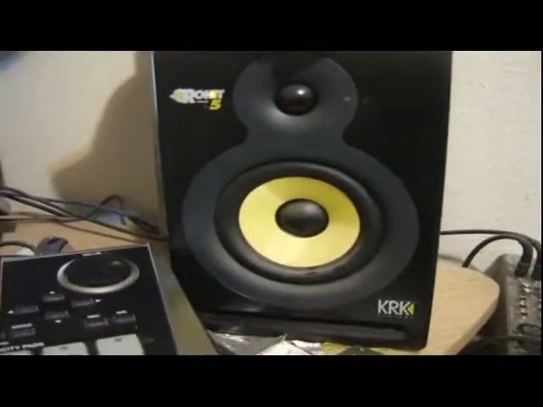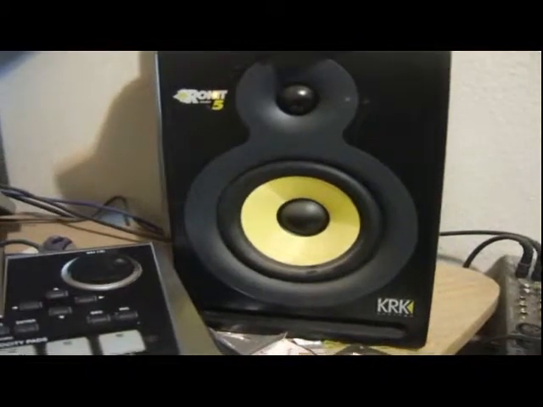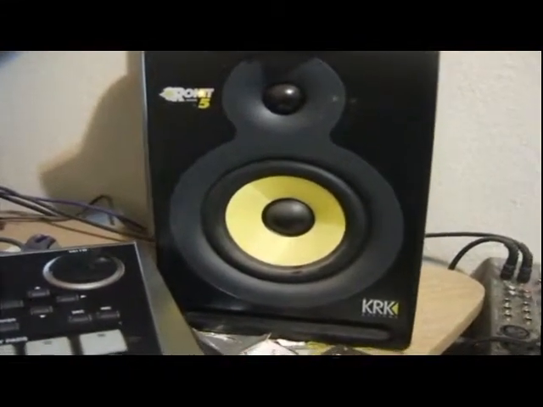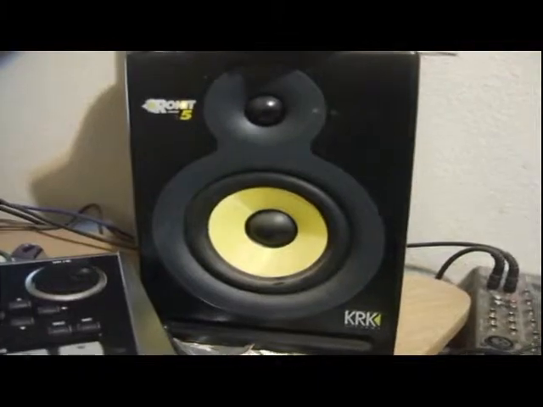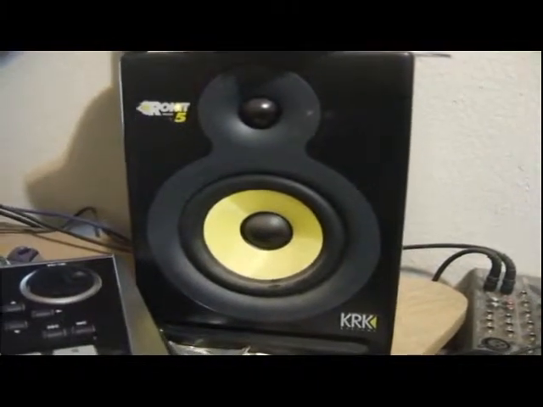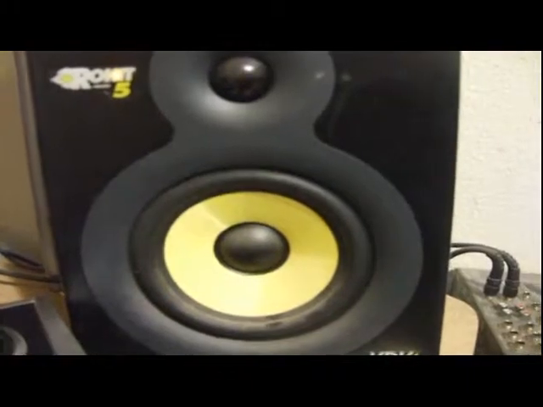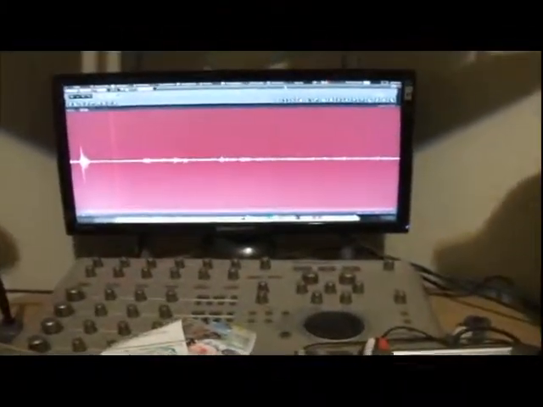But it is an exact replication of the information that went into the mic and was recorded into the software, and is now coming across the speaker, coming out of the speaker, and that's how the signal workflow is.